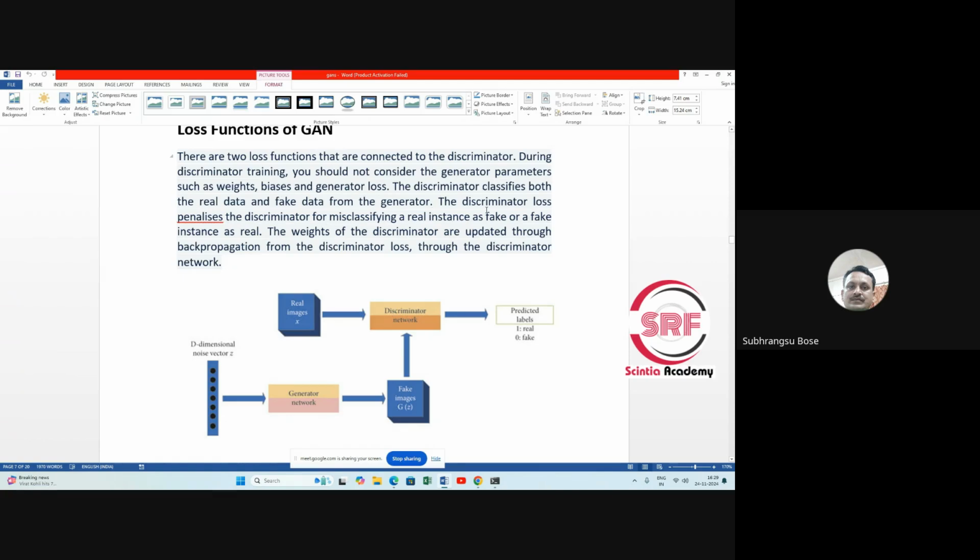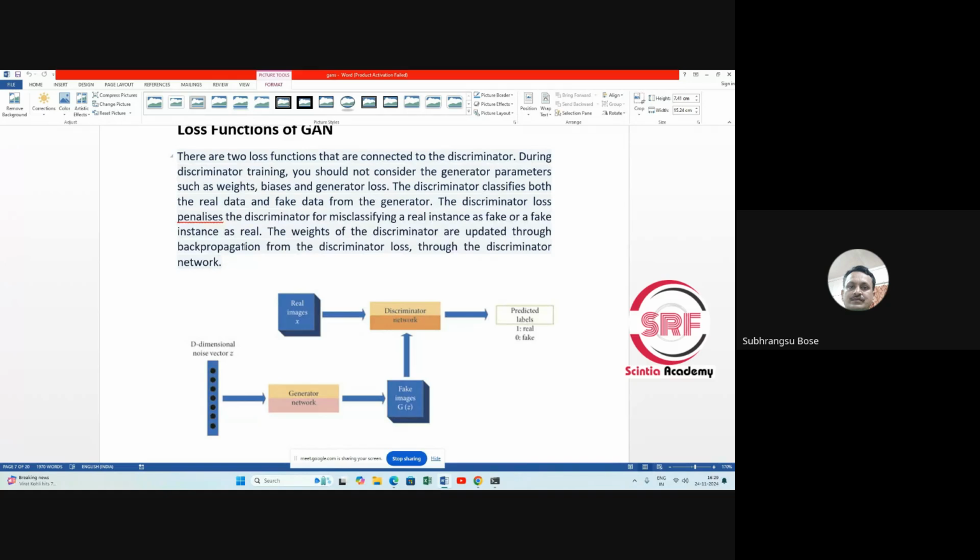The discriminator classifies both the real data and fake data from the generator. Discriminator loss penalizes the discriminator for misclassifying a real instance as fake or a fake instance as real. What is our goal? Our goal is to maximize the discriminator's loss.